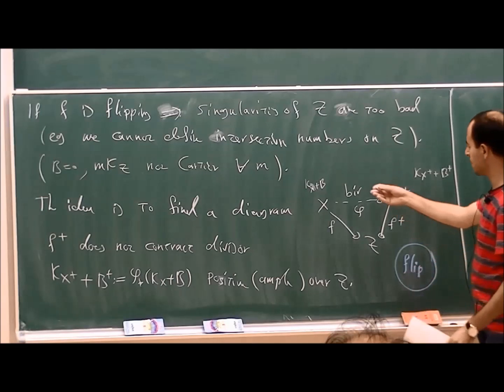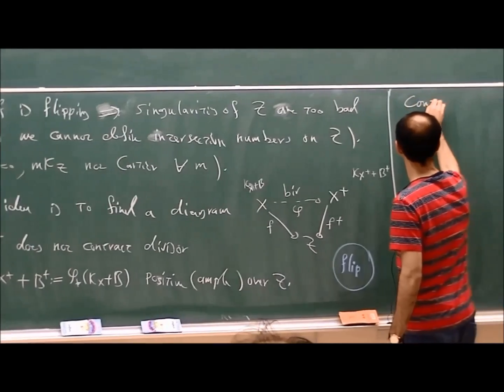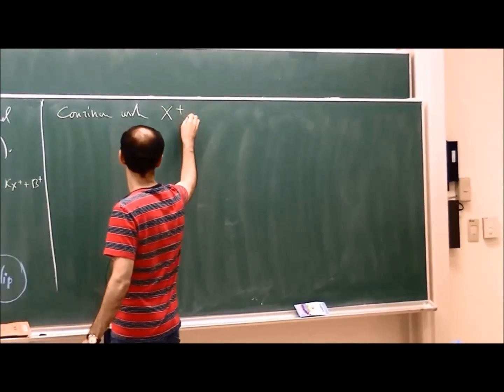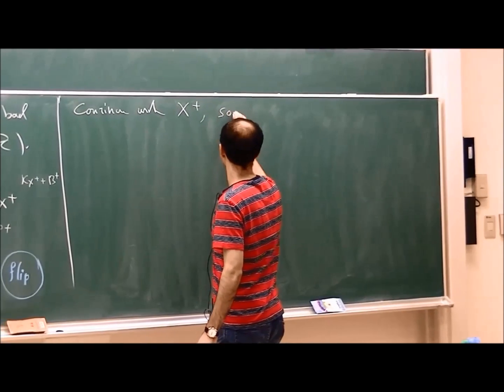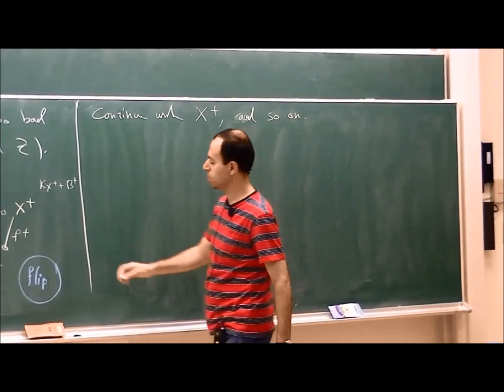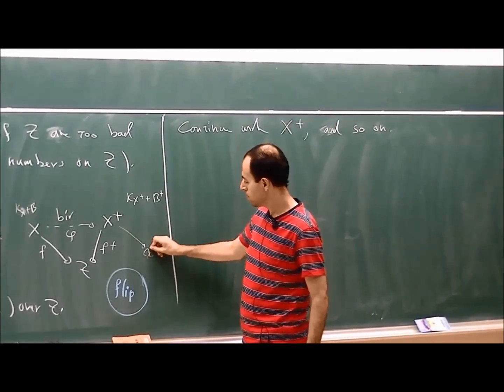Okay, so assuming that you have this kind of diagram, then you can continue with X plus and so on. So in other words, on X plus, you will have another contraction, let's say to Z plus.